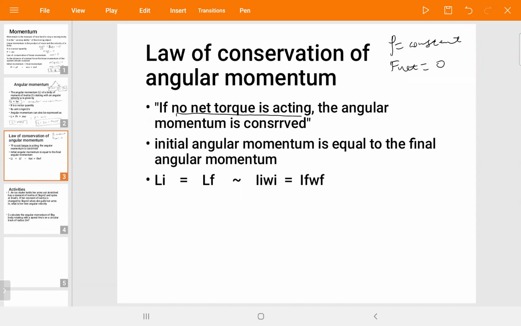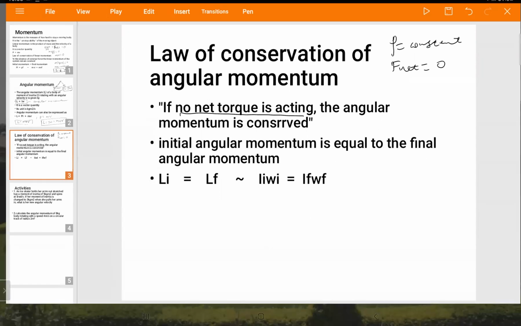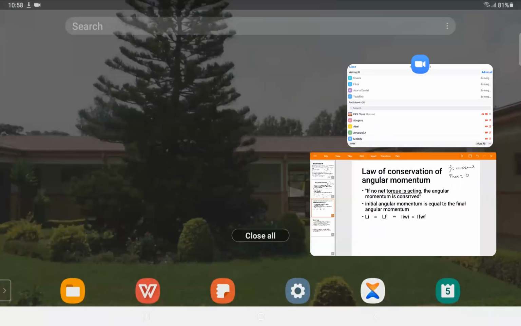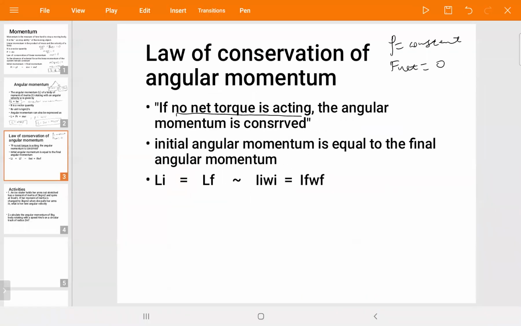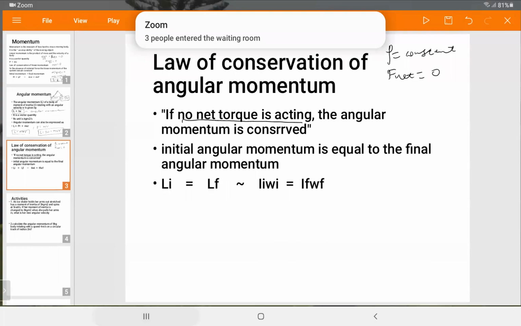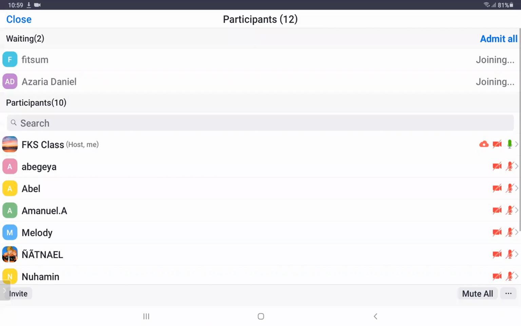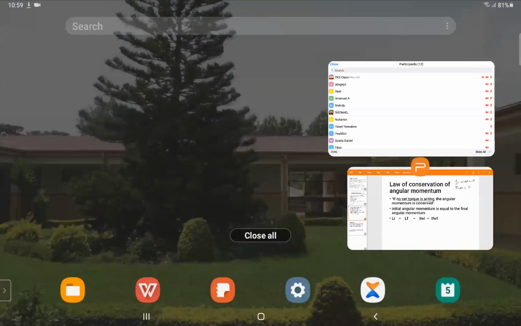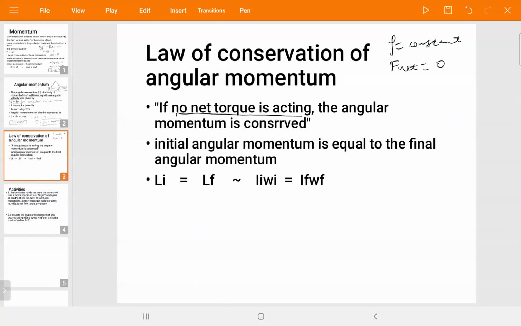If no external force is acting on a body, no problem. The linear momentum is conserved when there is no net force acting on a body. In a similar way, the angular momentum remains constant if the net torque acting on a body is zero.